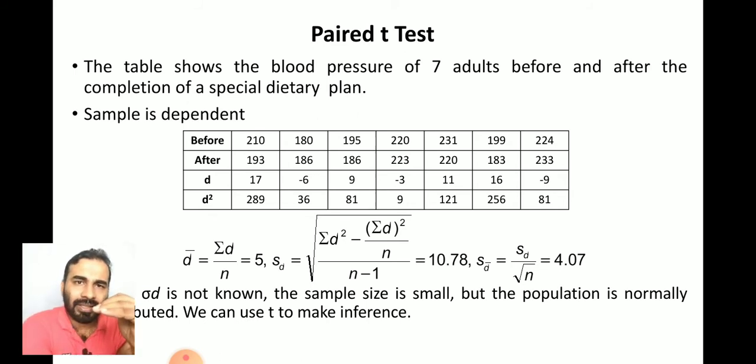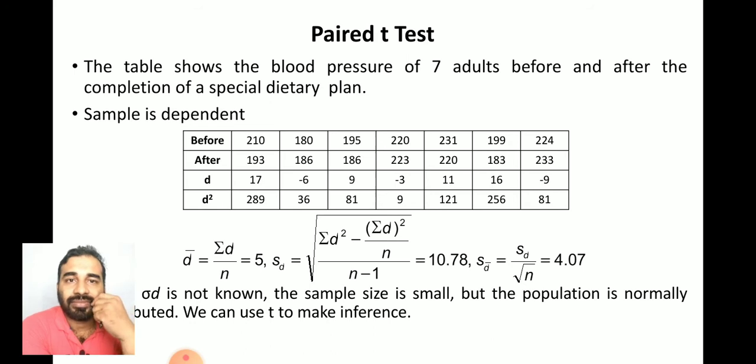So 7 persons are going to follow a dietary plan aimed at reducing blood pressure. A biostatistician has to check whether this dietary plan has any effect on the blood pressure.